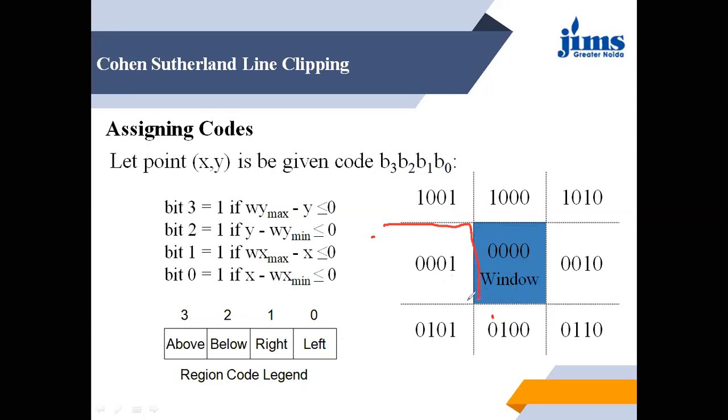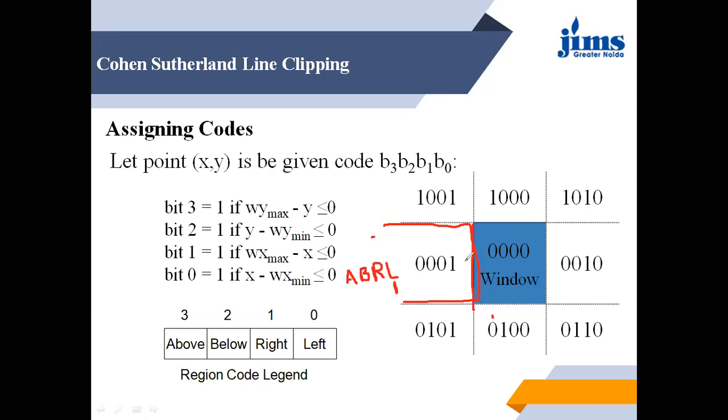By using the region code legend, that is above, below, right, and left, if we compare this region with the window region, then this region is in the left. This region is in the left, means the left bit is 1.